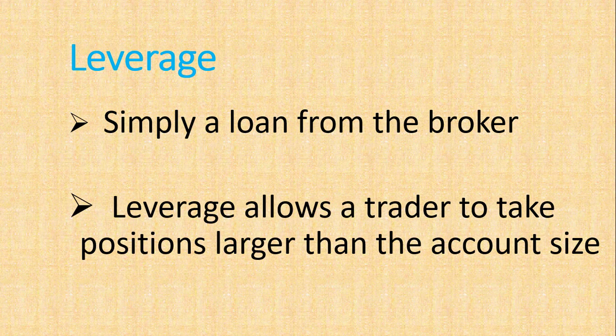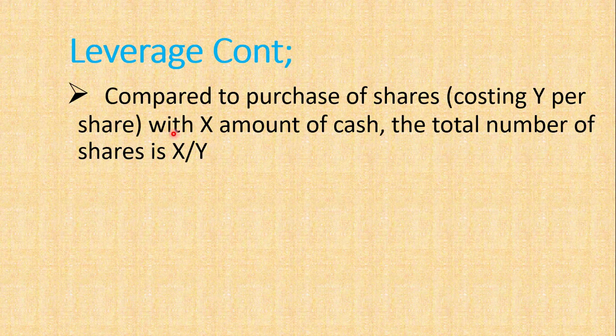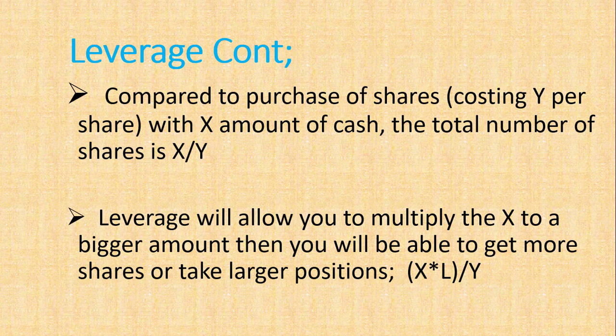And just to expound on this, assume you're trying to buy shares with X amount of cash and each share costs, say, Y shillings per share. You can only buy shares equivalent to the amount of capital divided by the cost per share, that is X divided by Y. But with leverage, you'll be able to buy more shares because you have a multiplier effect.